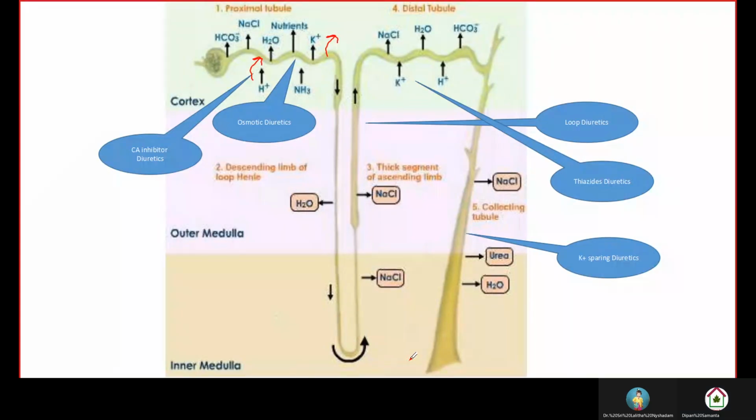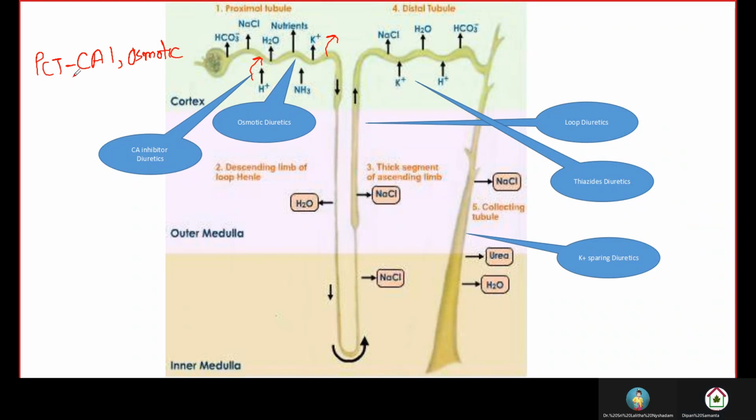Okay, now see which diuretic acts on which site of the nephron. That is very important. Just remember by the site, like first the PCT comes. CAI means carbonic anhydrase inhibitor, and osmotic diuretic, that is mannitol, act on the PCT.